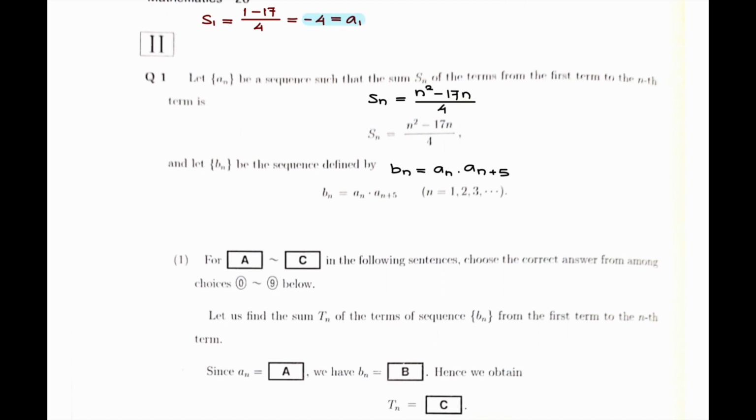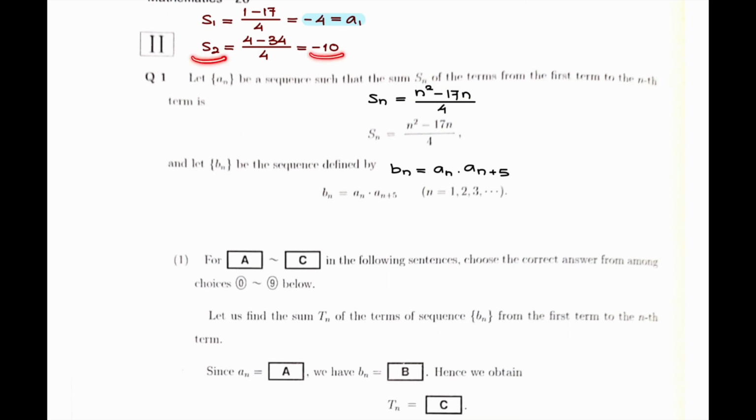And then by changing n to 2, I will obtain S2 equals 2 squared minus 17 times 2 over 4, so 4 minus 34 divided by 4, and then you will obtain negative 10. S2 is basically the sum of the first two terms.